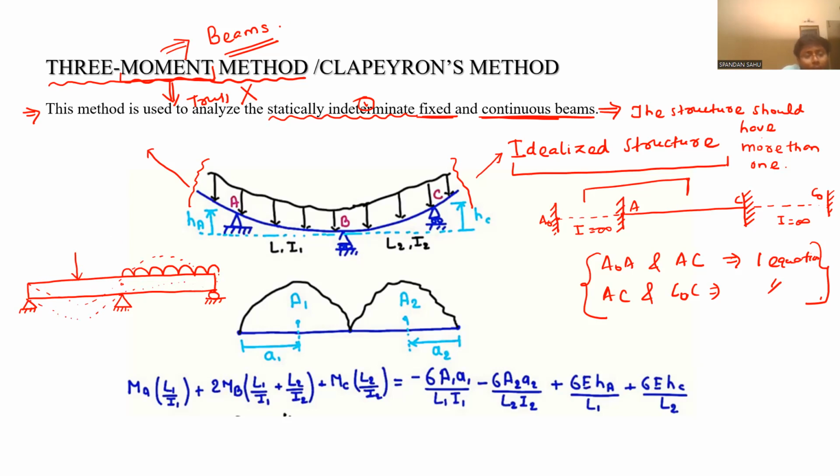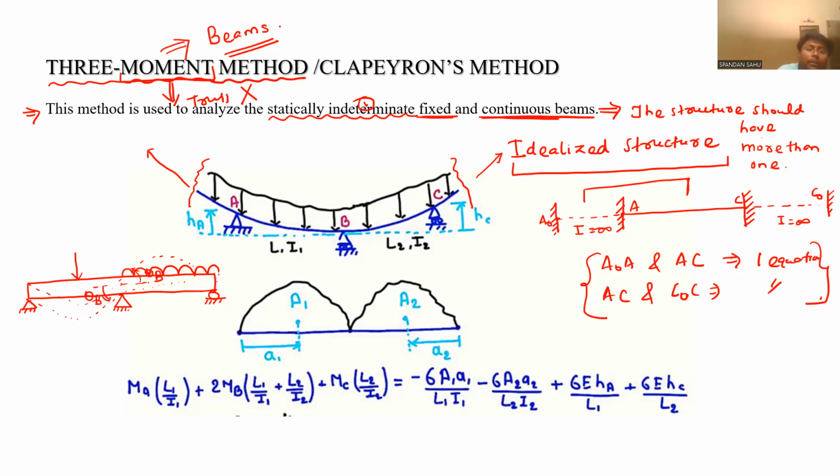Now, see. At this point, how much rotation to the left, that much rotation to the right. From this mean position, if theta b is the rotation there, this should also be theta b. Correct?